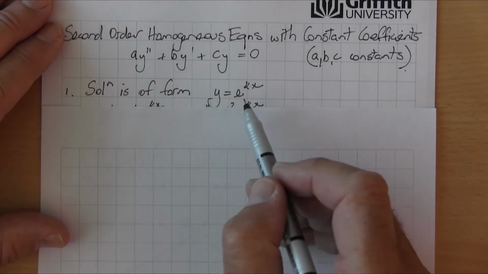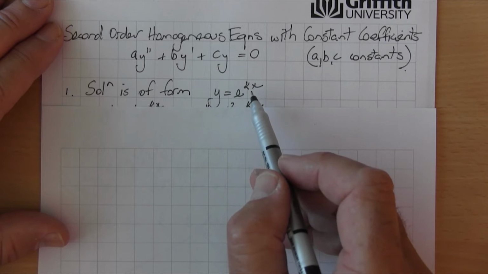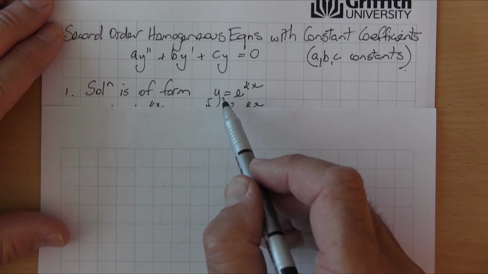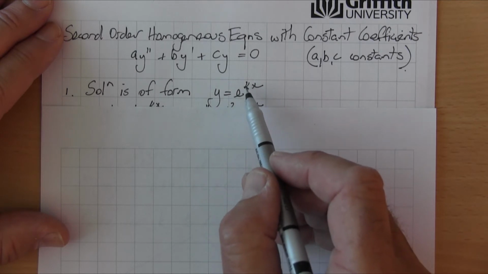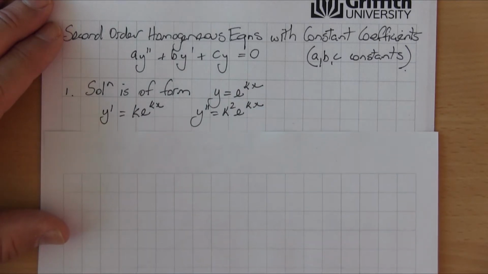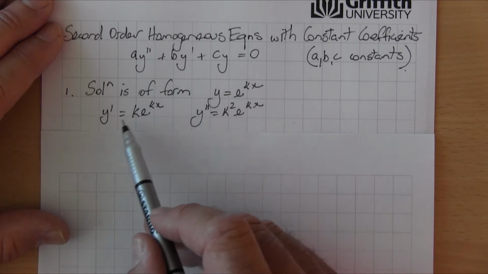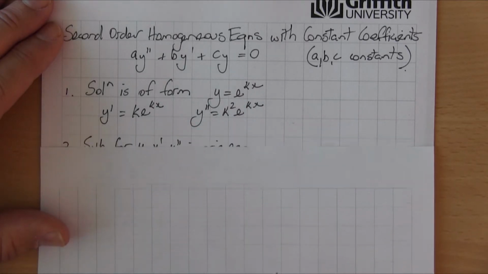We know that the solution is most likely going to be of the form y = e^(kx), where we don't know what the value of k will be, some constant. So what we do is we find the first derivative of y, dy/dx, and the second derivative of y.